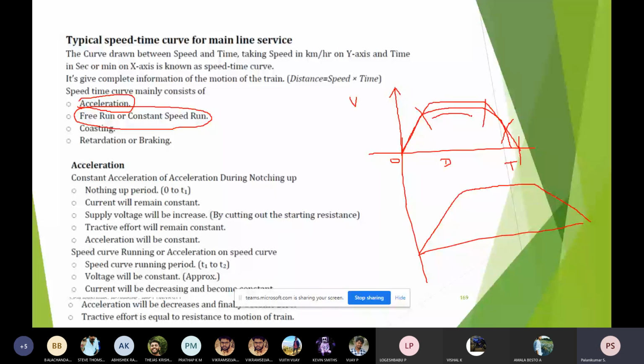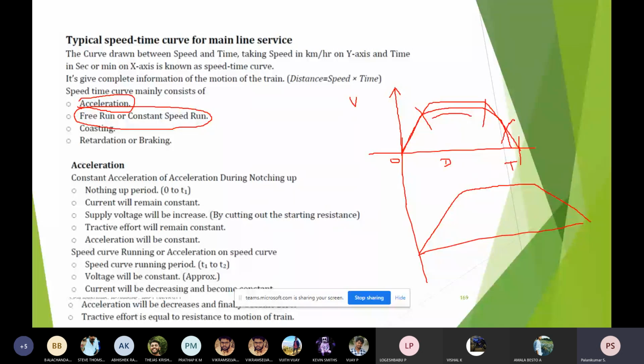Coasting means we are not giving supply, we are simply allowing the train to run on its stored kinetic energy. Then we go for retardation or braking. So this entire speed time curve can be divided into four parts: acceleration, free run, coasting and retardation.